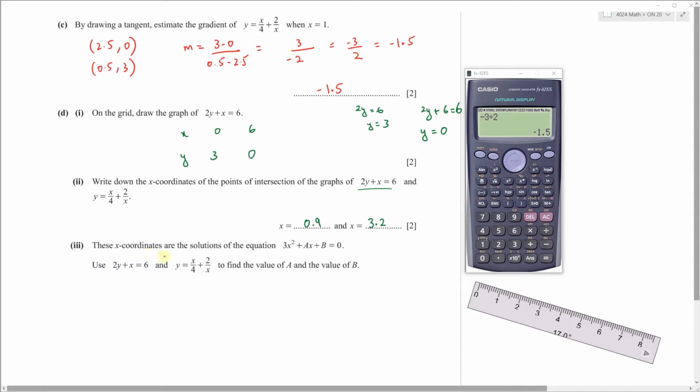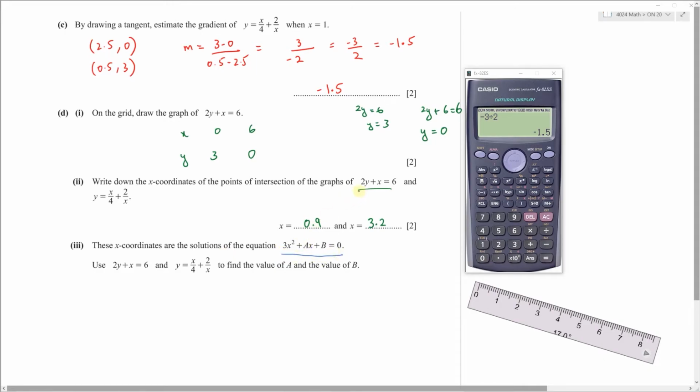Part 3 is these x coordinates are the solution of this equation. So in the previous part, you calculated the intersection of the graphs of these two curves. So that means these two are solutions of these two equations if you solve them simultaneously, right? Because those are the two graphs that you used to find these intersection points. But this part also says that these are solutions of this equation as well.